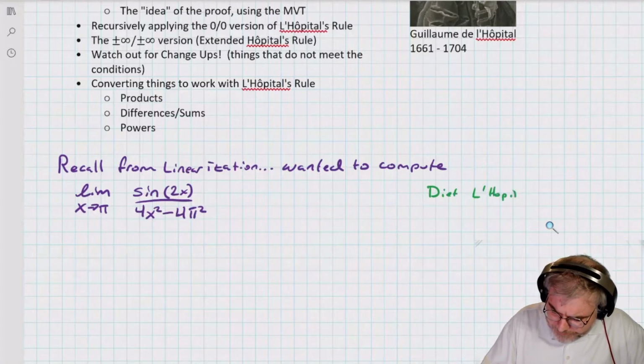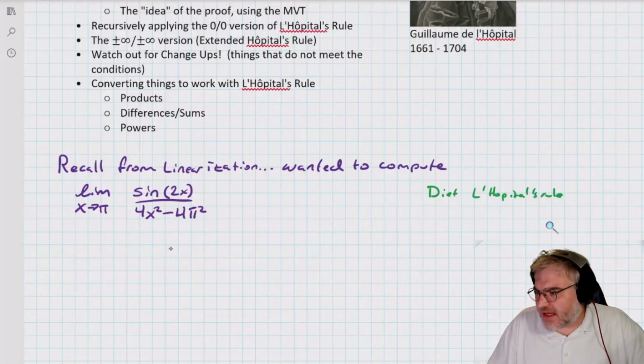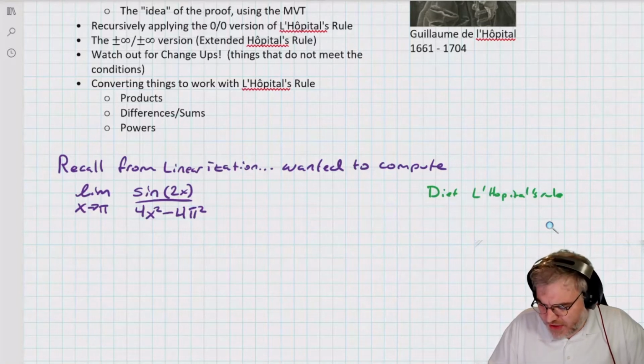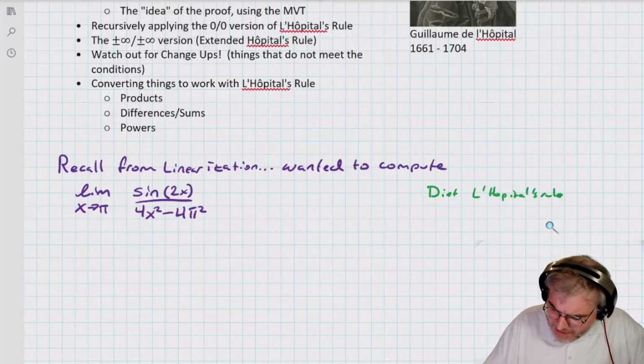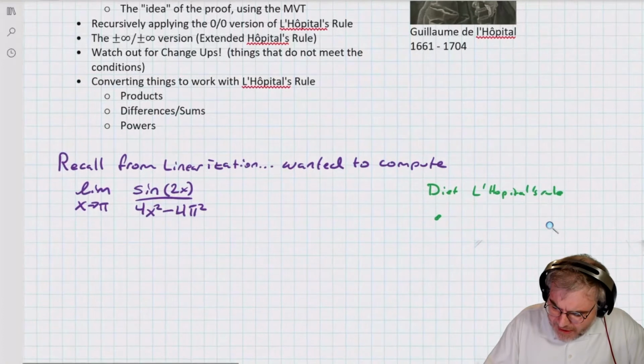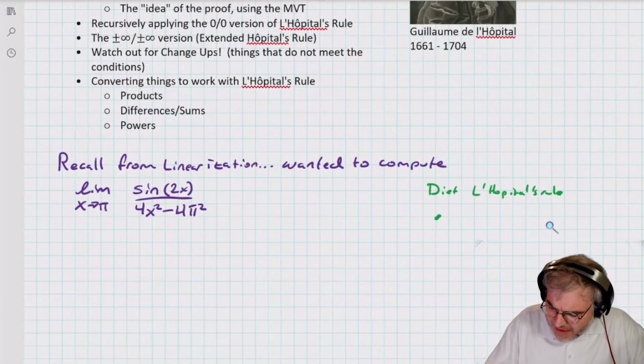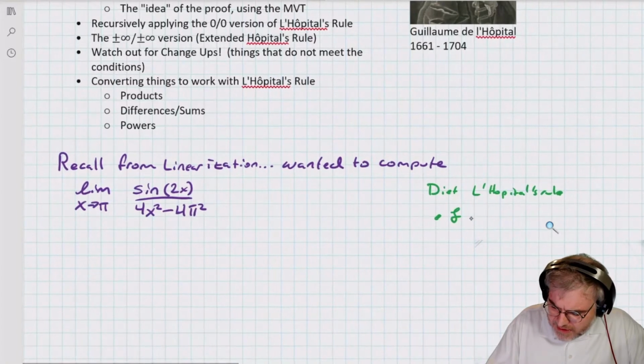It was very heavily dependent upon the fact that both f of a and g of a went to 0. But it had a couple conditions here, right? f needed to be differentiable at a.